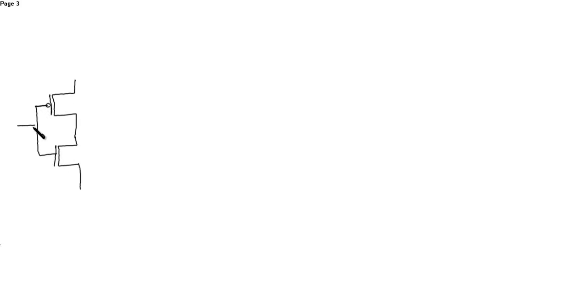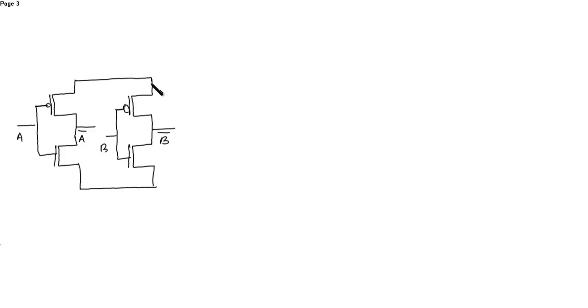Suppose this is the input A, then you'll obtain the output as A bar. Now inverter 2, this has input B and output will be B bar. So they have a common ground and a common VDD.